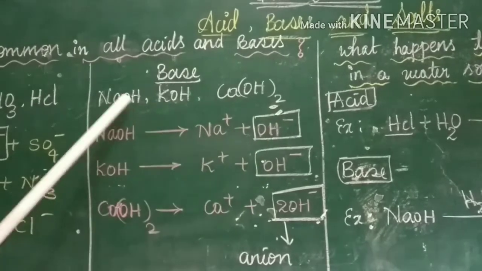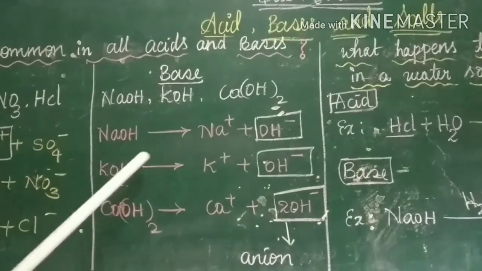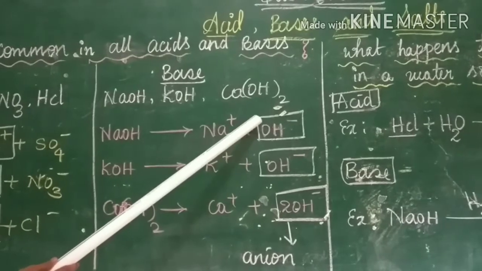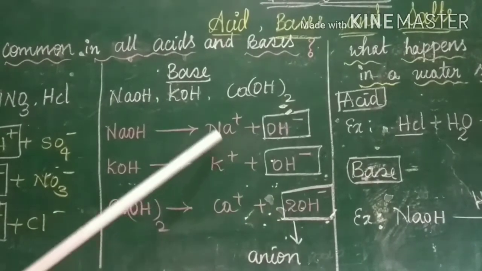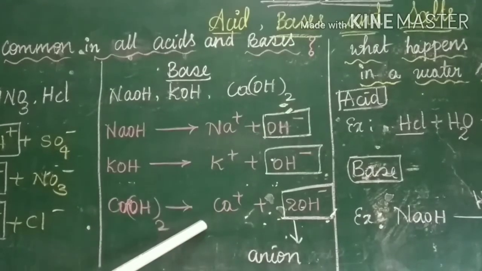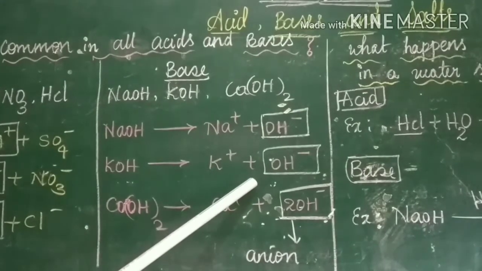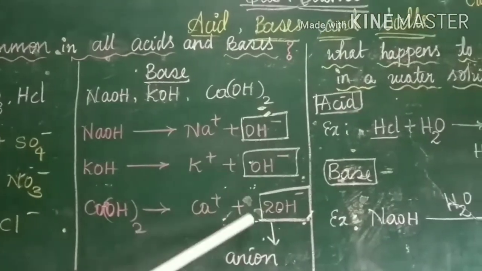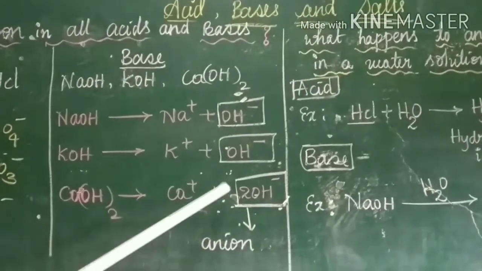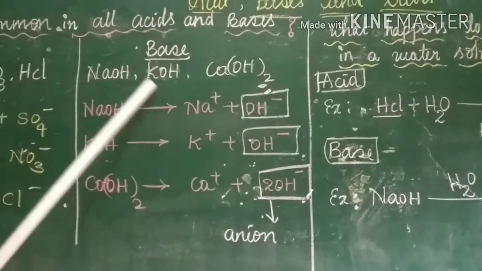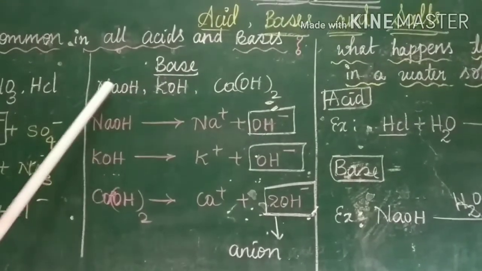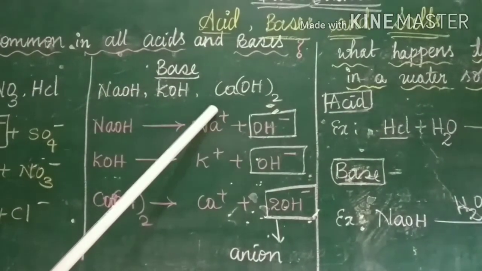Look here, all the bases ionize to produce common OH minus ions with their respective cations. Look here, the OH minus ion is called an anion. This OH minus ion is responsible for the basic nature of the solution.